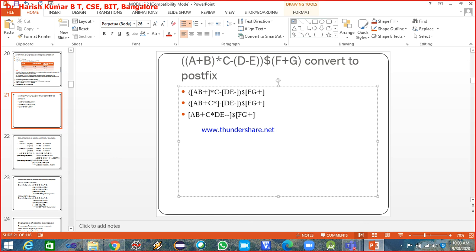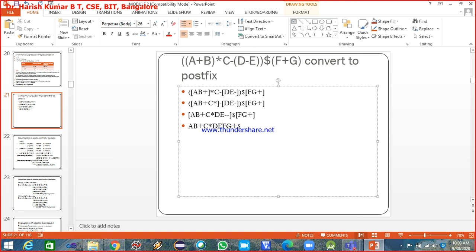Now for this dollar, this is one operand and this is another operand. Now when I solve it: A B plus C star D E minus minus F G plus dollar. So this is minus minus, two minuses are there.